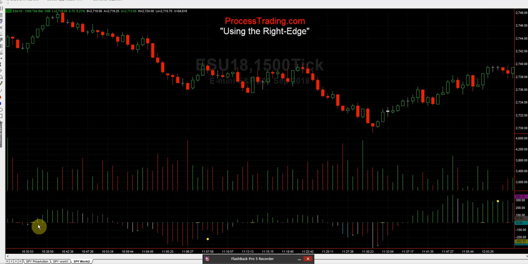So we saw that right here, demand came in, buyers came in, and they increased as they would until it started to diminish. Here we see the weakness come into the buying structure. In other words, fewer buyers are now stepping in.